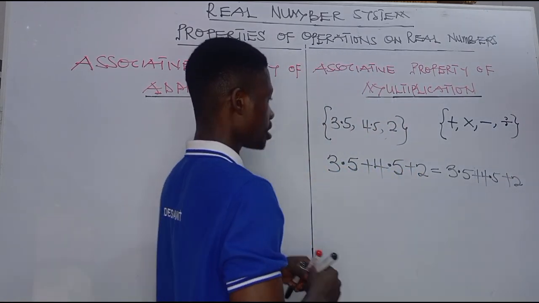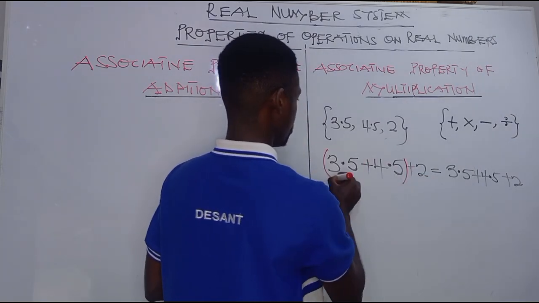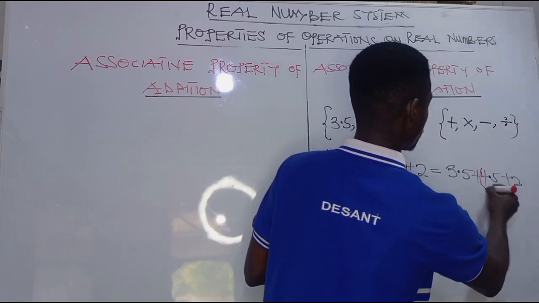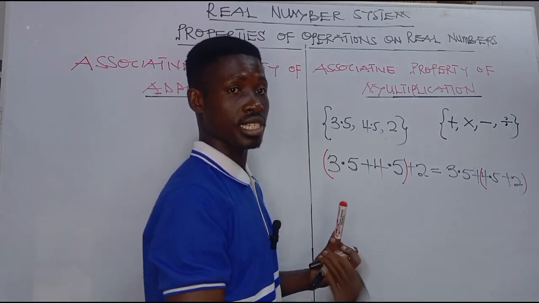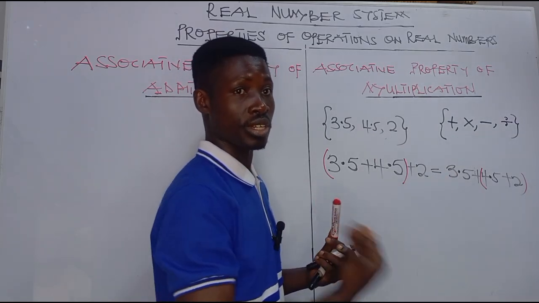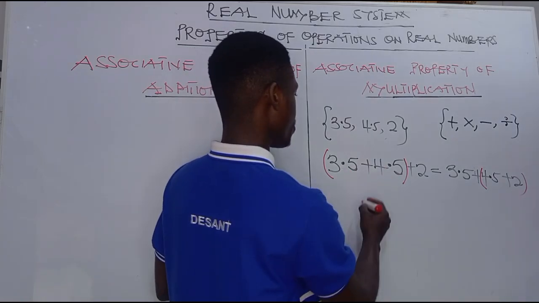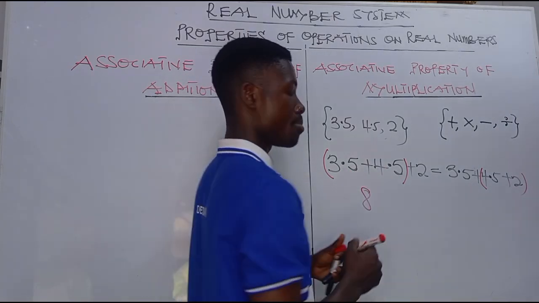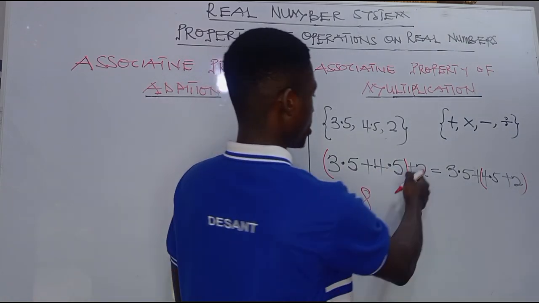So what we are going to do is that we are going to group the first two numbers and then we group the last two numbers and then we perform our calculation to see if the result on the right hand side will be equal to the result on the left hand side. So we have 3.5 plus 4.5 will give us what? 8. Remember, we always add those in the parentheses first. Then we have plus 2.